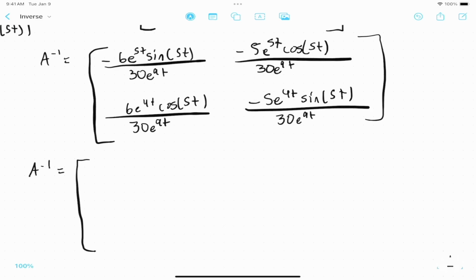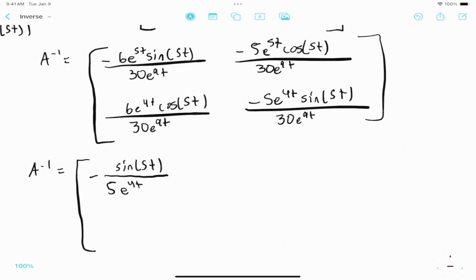Negative 6 over 30 is negative 1/5. I'm just going to write the negative sign, and we know we have a 5 at the bottom. e to the 5t divided by e to the 9t means we have to subtract the exponents. So 9t minus 5t is 4t. And sine of 5t just stays on the top.